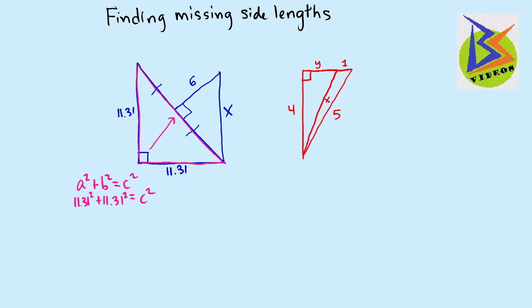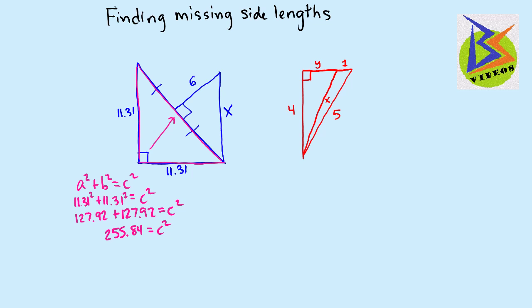When we square 11.31, we get 127.92. So 127.92 plus 127.92 equals c squared. Adding those two together, you get 255.84 equals c squared.